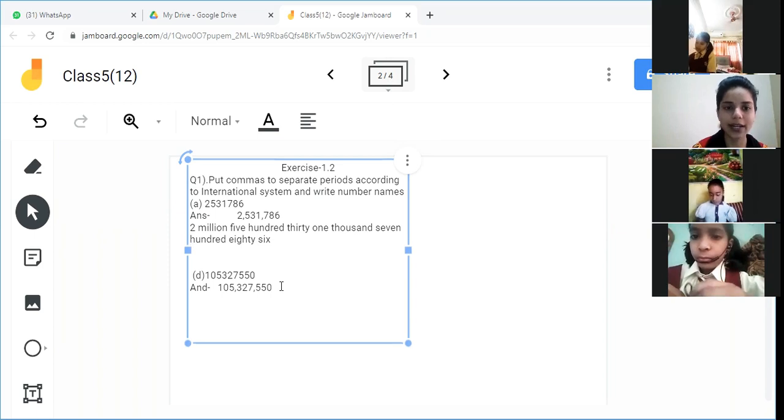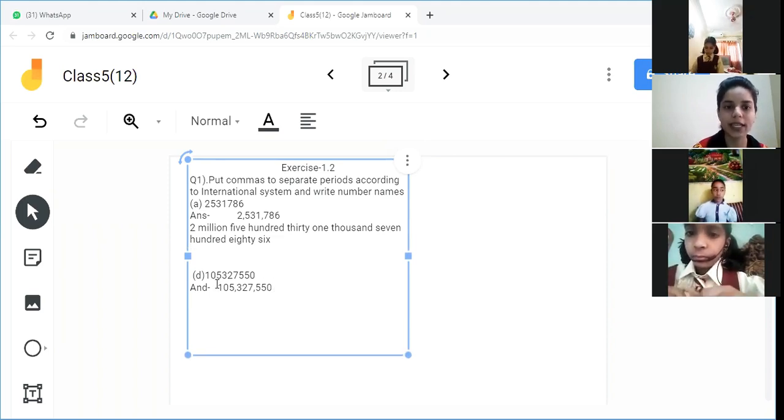Now start reading this. Unit, tens, hundred, thousands, 10,000, 100,000, million, 10 million, 100 million. Okay. So 1 is in the 100 million place, no?